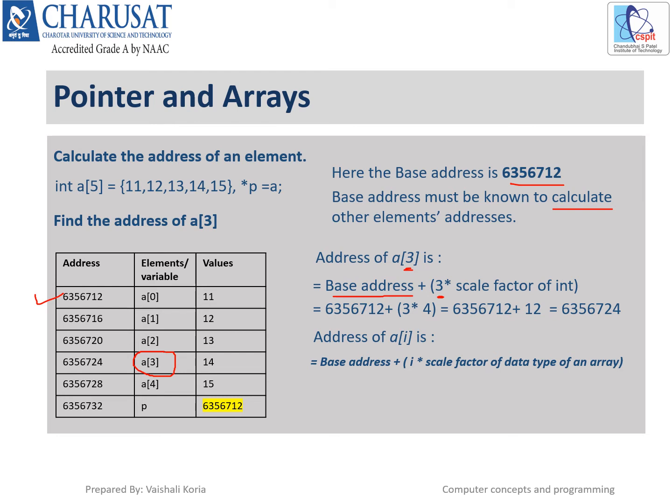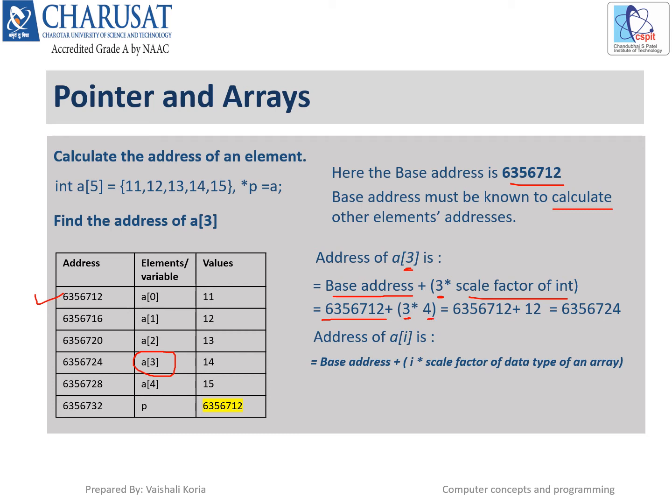So for that the scale factor is required. For this machine on which this calculation has been done, the integer takes 4 bytes. So here the base address is 6356712 plus 3 is the index of the element and 4 is the scale factor of integer.